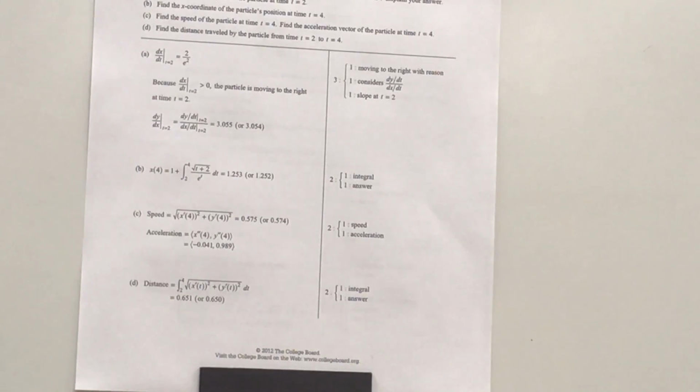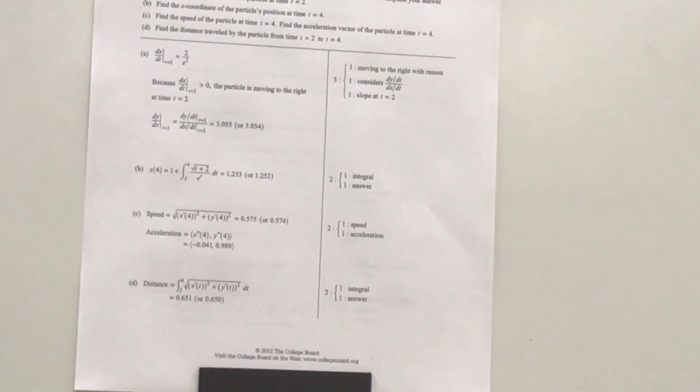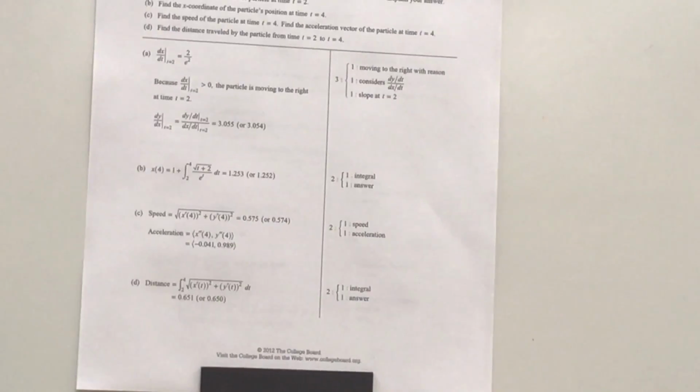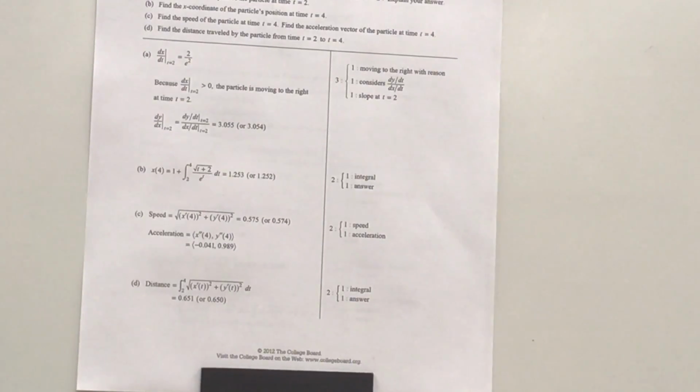Part B wants to know the x-coordinate of the particle's position. So we know the position is 1 at the beginning when t equals 2, which is the only time they give us here. The position x is 1. So then we need the displacement in the x direction. So we integrate dx/dt from 2 to 4 here, not 0 to 4, because they just told us to start at 2.